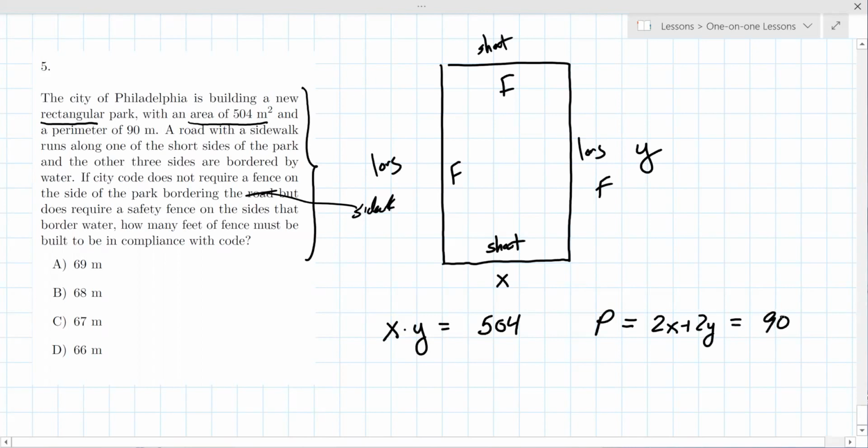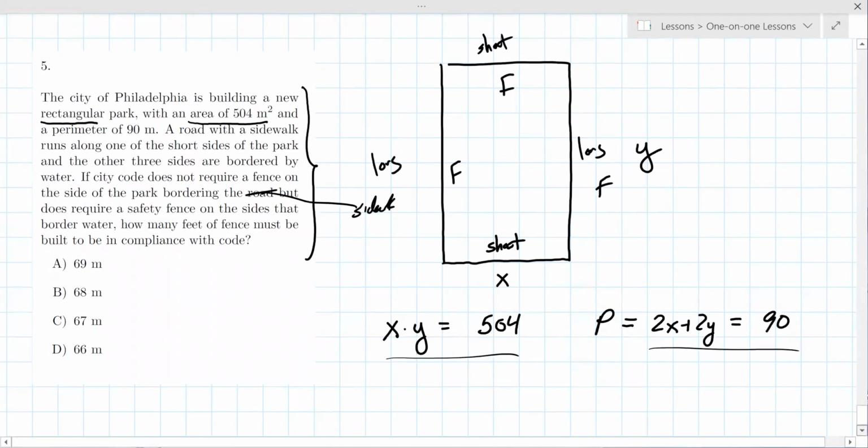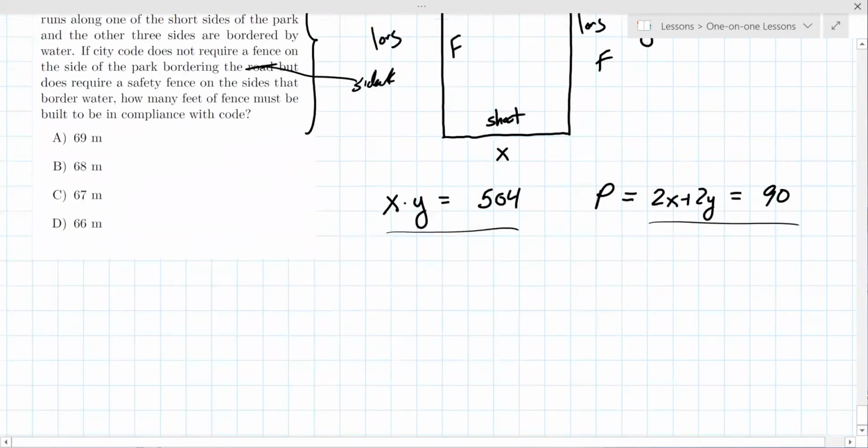So this problem is just a variation on the one where they give an area and a perimeter and ask you to find the length of the sides. Do you recall how to solve a problem like this, where you have these 2 equations? Substitution? Yes. Very good.